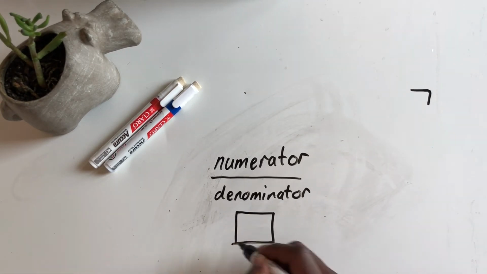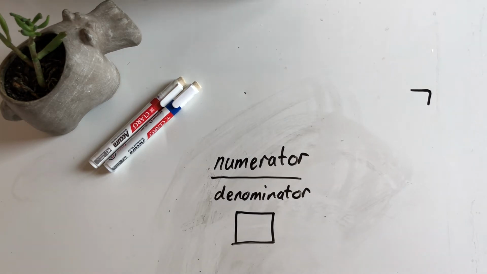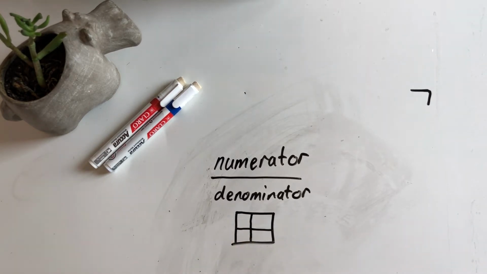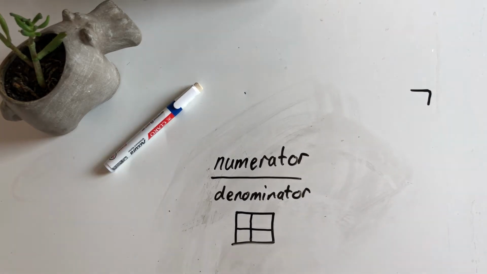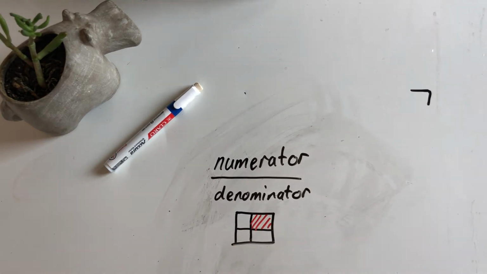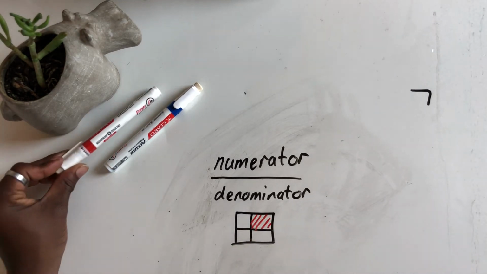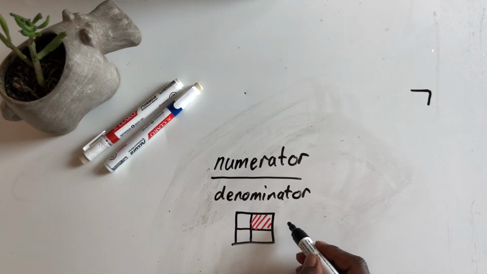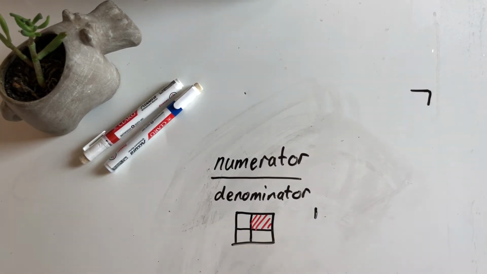If we were to divide this square into, for example, 4 and shade in 1, the numerator here would be 1, because 1 represents the number of parts in the fraction.